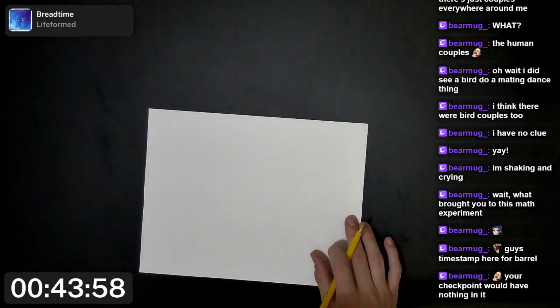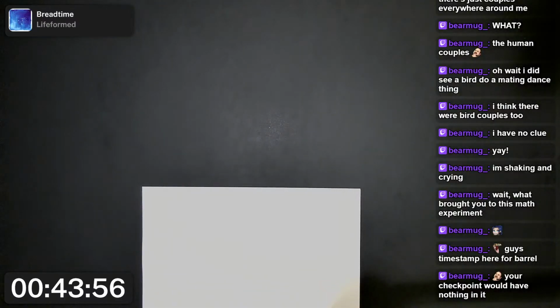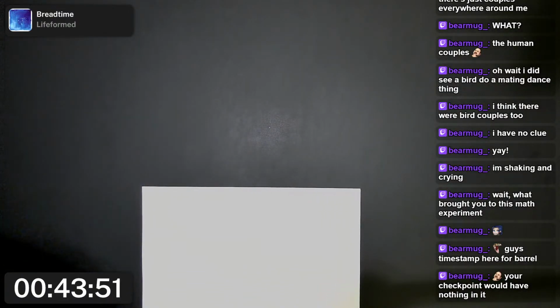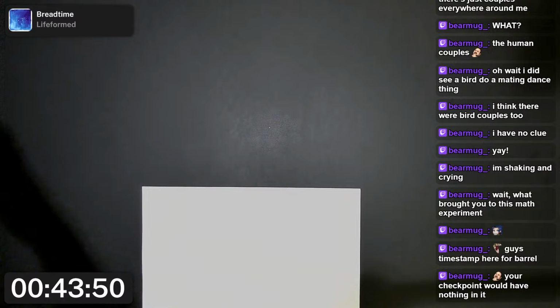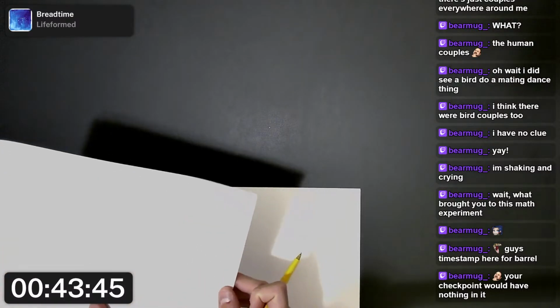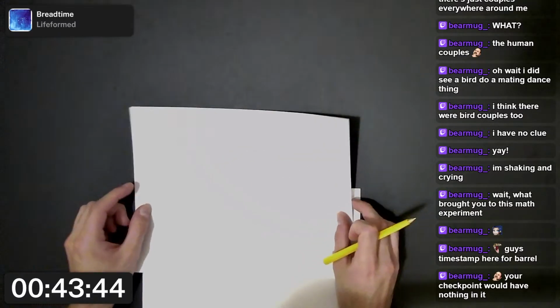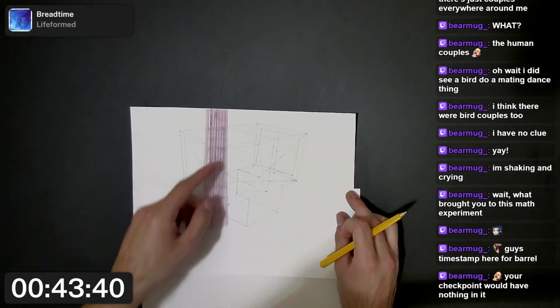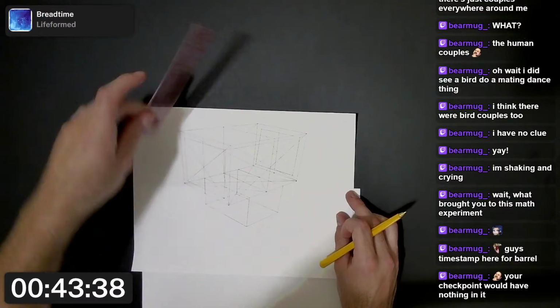In fact, wait. Let's look at our initial one. Where even is that? Look at my scanner. Yeah, this was the one that we messed up. It now has markings all over it somehow. Yeah, much smaller. How long were these edges? Those still 3 inches?